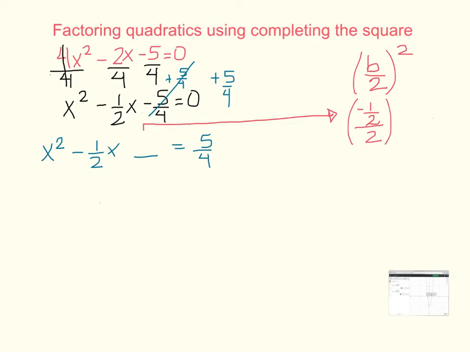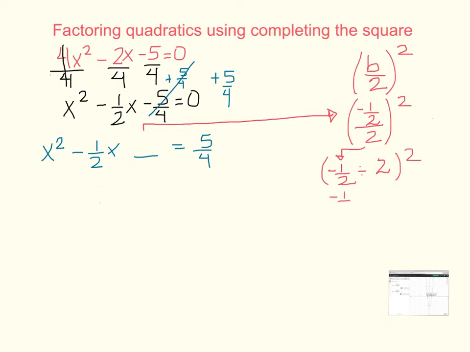to the second power. Now this looks messy, so let's go ahead and clean it up and rewrite it so we can understand it. This actually looks like this: negative 1/2 divided by 2 to the power of 2. Let's continue to clean it up.